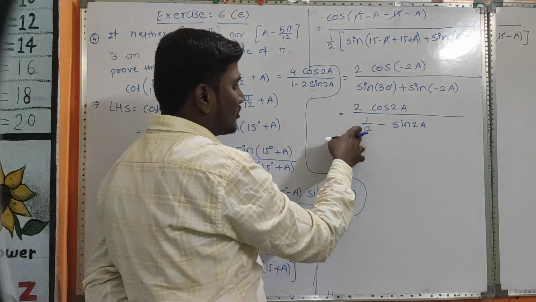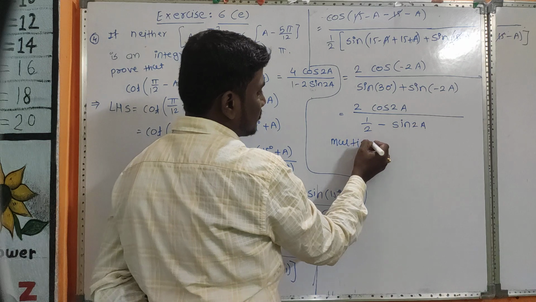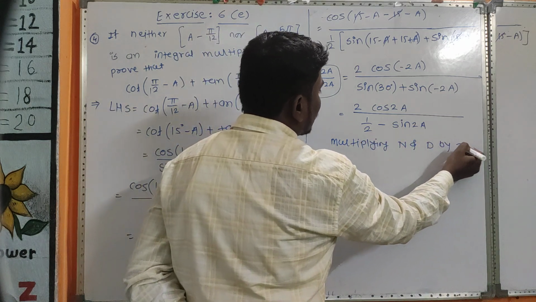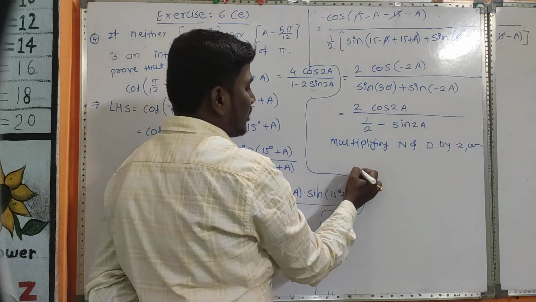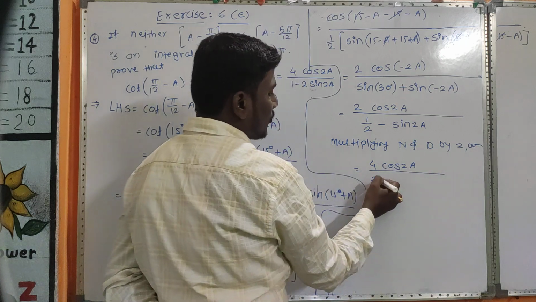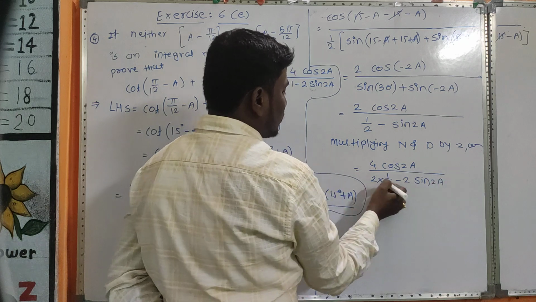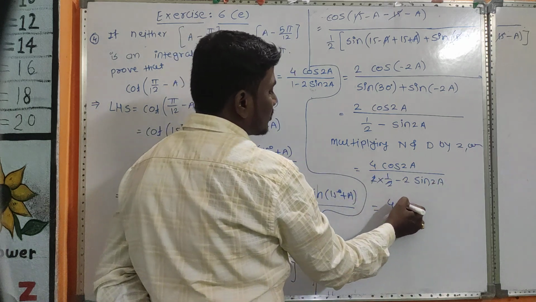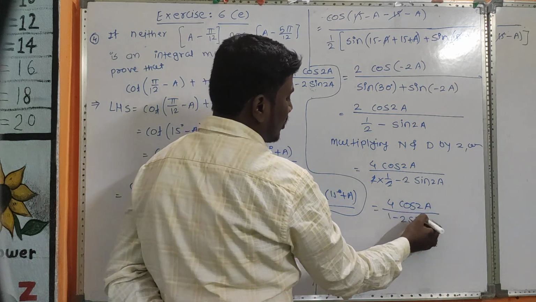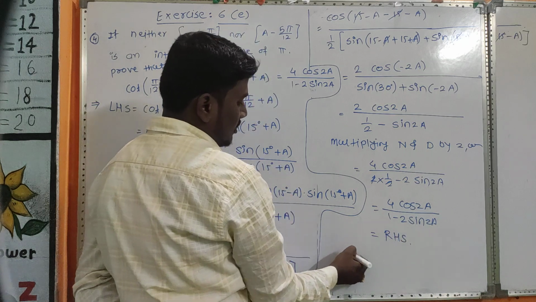So multiplying numerator and denominator by 2, we get 4 cos 2A in the numerator, and in the denominator 2 into 1 by 2 minus 2 into sin 2A. So this 2 cancels, giving 4 cos 2A by 1 minus 2 sin 2A. So this is the required RHS, hence proved.